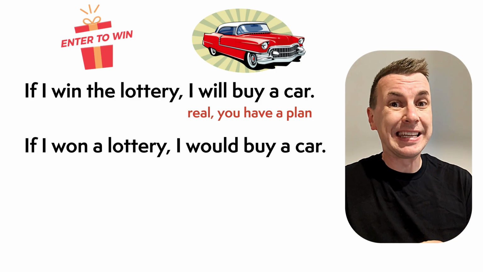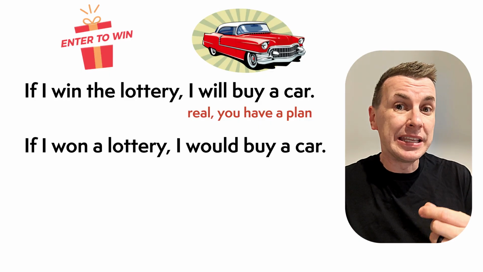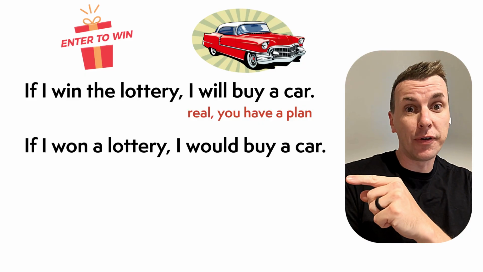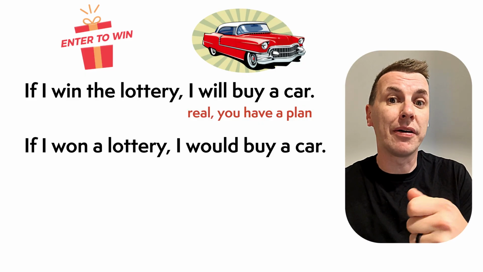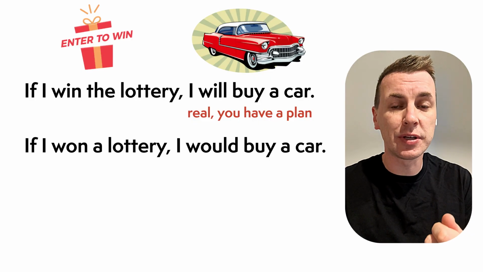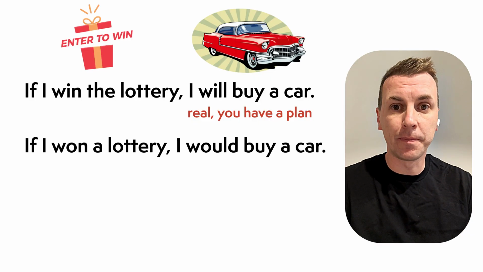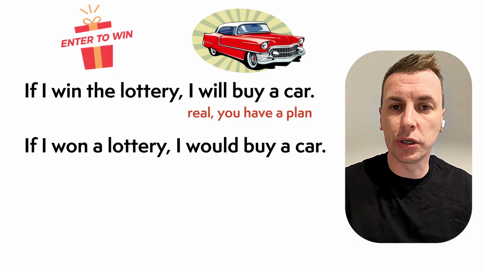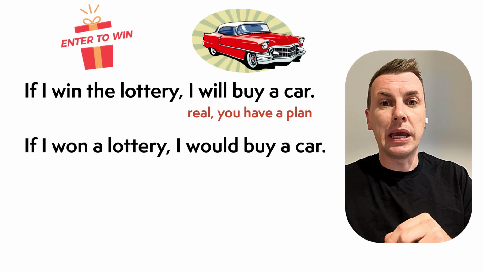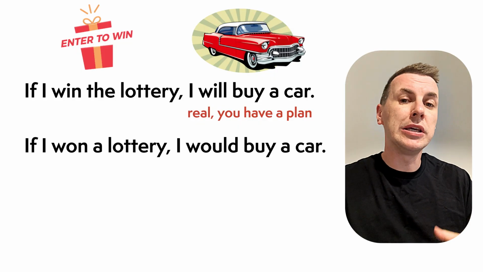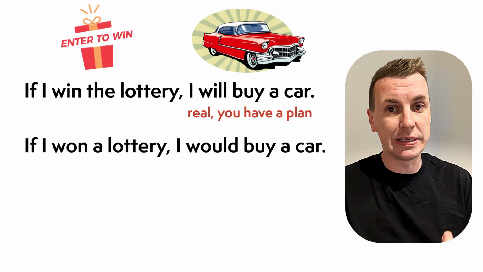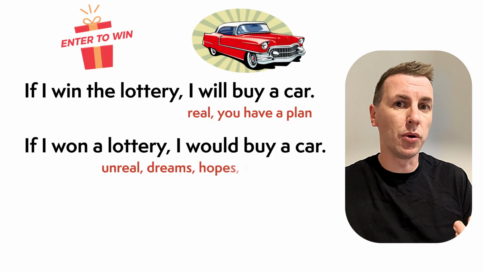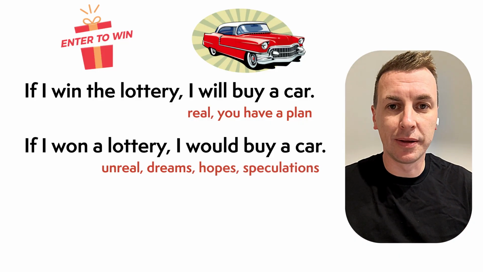Now, we mentioned that in this case, the difference between conditional one and conditional two is that in the first example, you have a lottery ticket in your hands and you already have a plan. In case you win the lottery, you know what you're going to do. Now, in the case of conditional two, you don't have a lottery ticket at all. You're just dreaming or hoping or speculating.